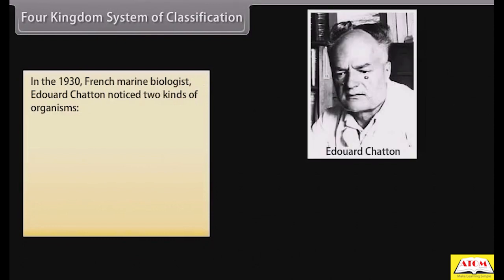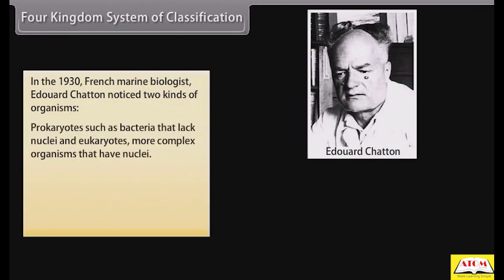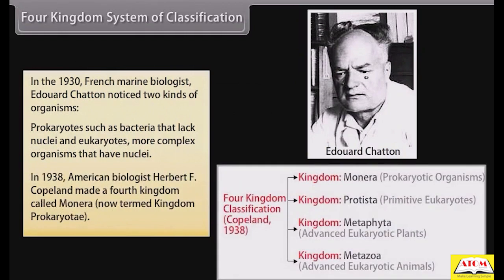In the 1930s French marine biologist Edouard Chatton noticed two kinds of organisms, prokaryotes such as bacteria that lack nuclei, and eukaryotes, more complex organisms that have nuclei. In 1938, American biologist Herbert F. Copeland made a fourth kingdom called Monera, now termed Kingdom Prokaryote.